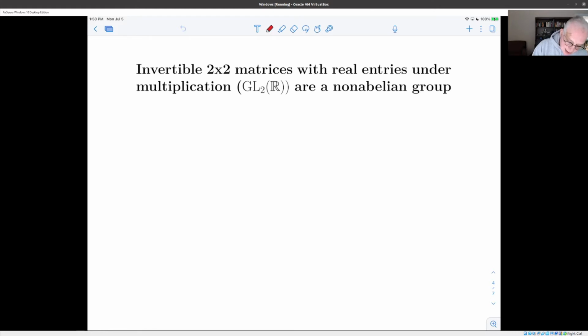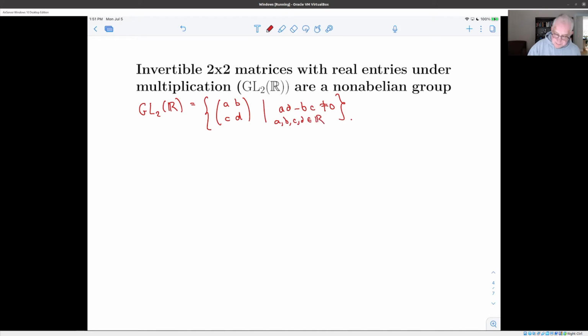This set has a name, GL2 of R, and it's the collection of matrices A, B, C, and D such that the determinant of the matrix is not 0, and the entries are all real numbers. The reason for this determinant condition will be clear in a minute. And the group operation is matrix multiplication.